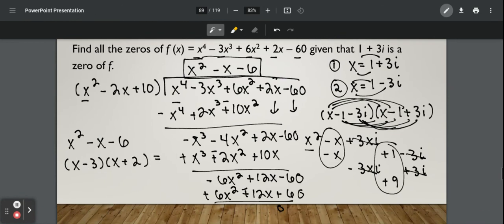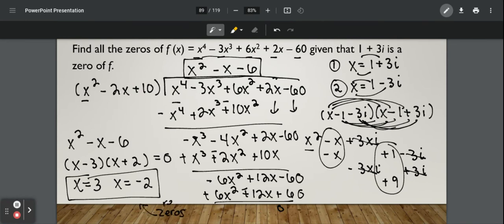And if I want to find the zeros and set each of those factors equal to 0, I would get that x equals positive 3 and negative 2 are my other zeros. So those would be my real zeros. And up here, these would be my other two complex zeros.